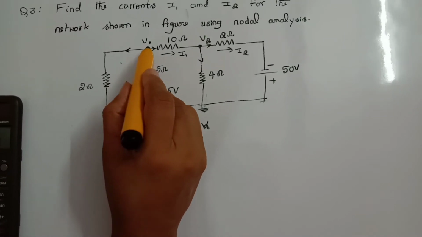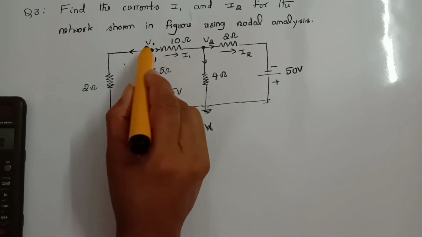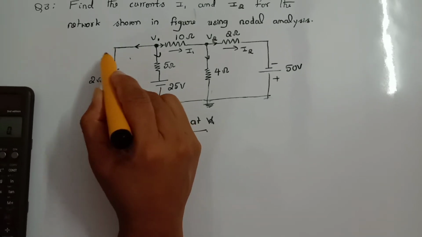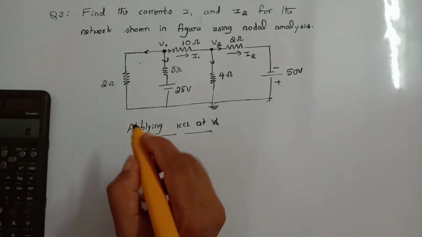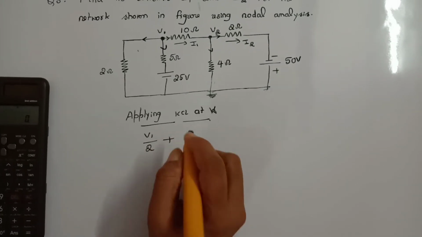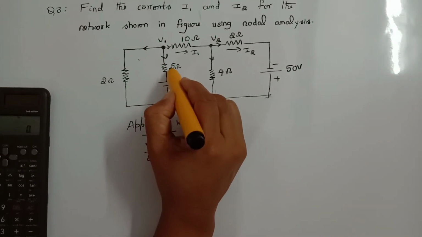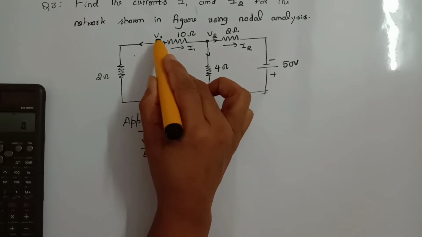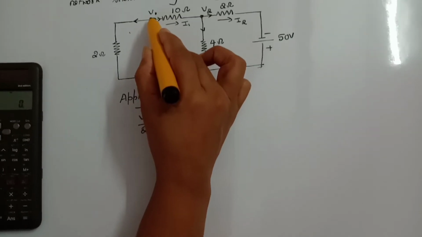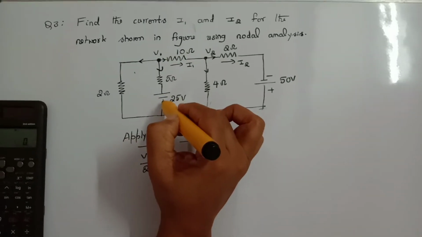Now, applying KCL at V1, when you look at V1, all currents are leaving. So first we will see current through 2 ohm, that is V by R, that is V1/2 is the current through 2 ohm resistor, plus the current through 5 ohm is nothing but (V1 minus 25)/5, because current flows from higher potential to low potential.